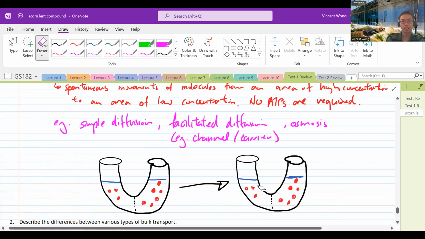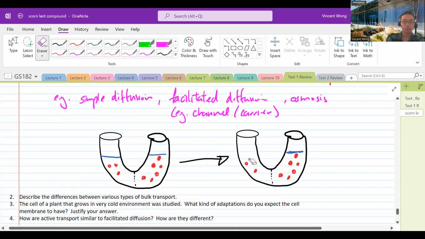So over time, what's going to happen is the water level will drop here and the water level will rise here, right? Okay, so this side drops and becomes more concentrated because you have less water, right? But the solute did not change.